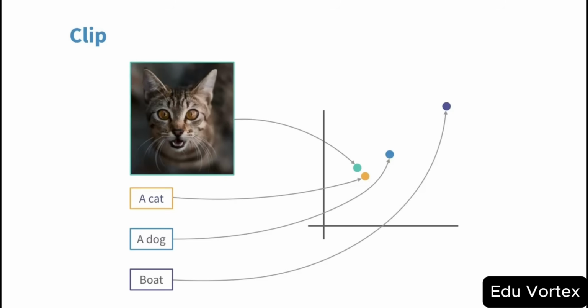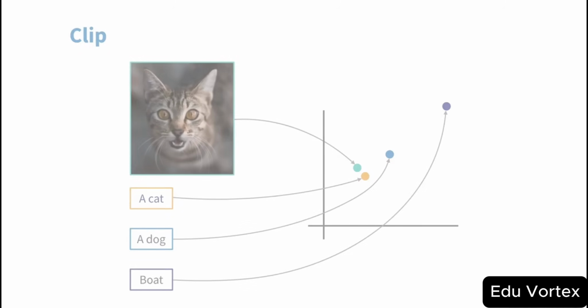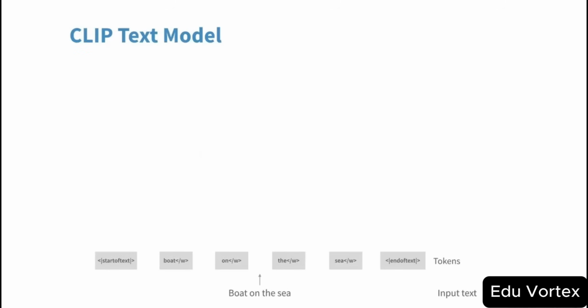But these encoder models don't understand words, they understand numbers, and so we need to convert this text into a sequence of numbers using a process known as tokenization. It looks something like this. If you were to take in the phrase boat on the sea and send it to the model, it first needs to be tokenized. And so boat on the sea is split into separate tokens.